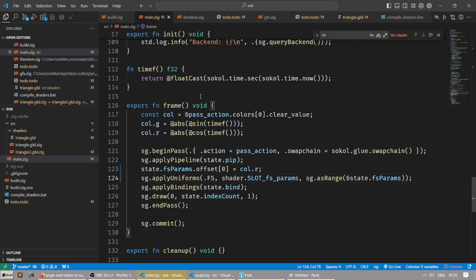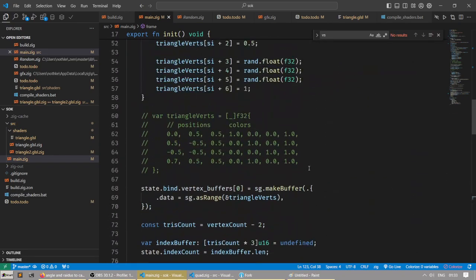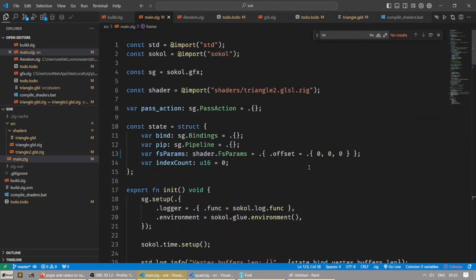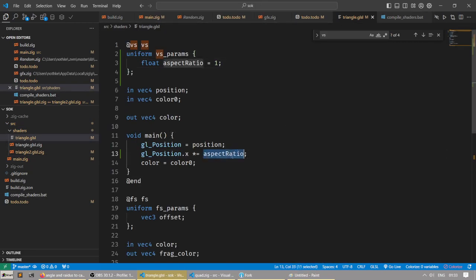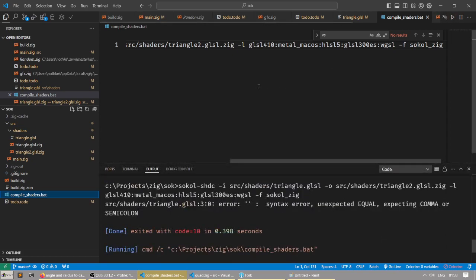So what am I doing wrong here? Wait, am I... Yeah, I'm pretty sure that this is the fault. This is probably the fault. Let's run this again.